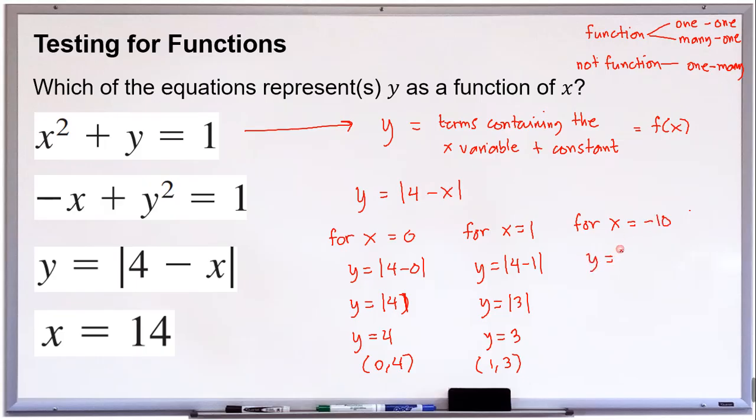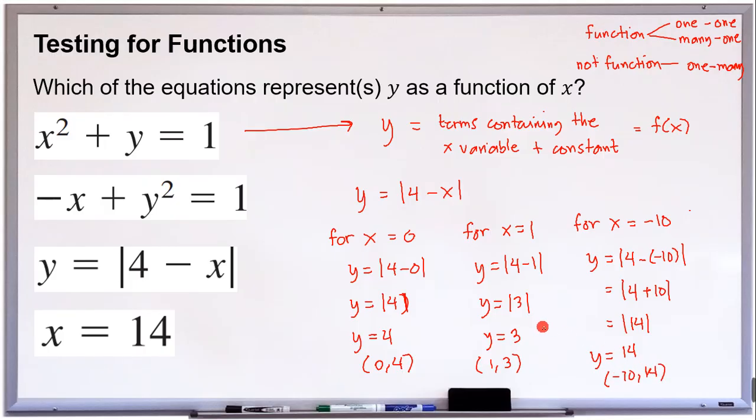So you have y is equal to the absolute value of 4 minus negative 10. So that's the absolute value of 4 plus 10. So you have the absolute value of 14. So y is equal to 14. So we have an ordered pair (-10, 14).